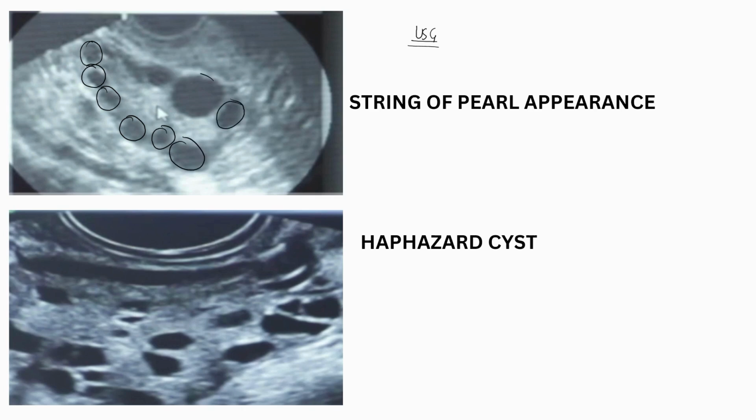So these cyst, you can see multiple cyst, more than 12, more than 8 mm, suggestive of PCOD. So here is this string of pearl appearance. If you can see, it looks like as if there's a necklace of pearls. So string of pearl appearance is suggestive of PCOD on ultrasound.